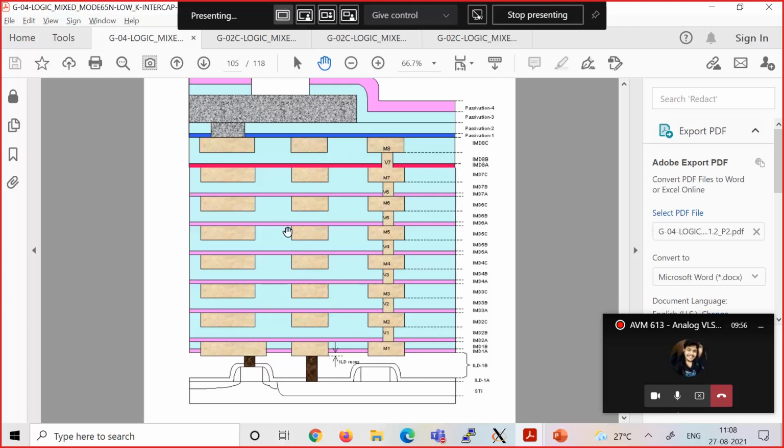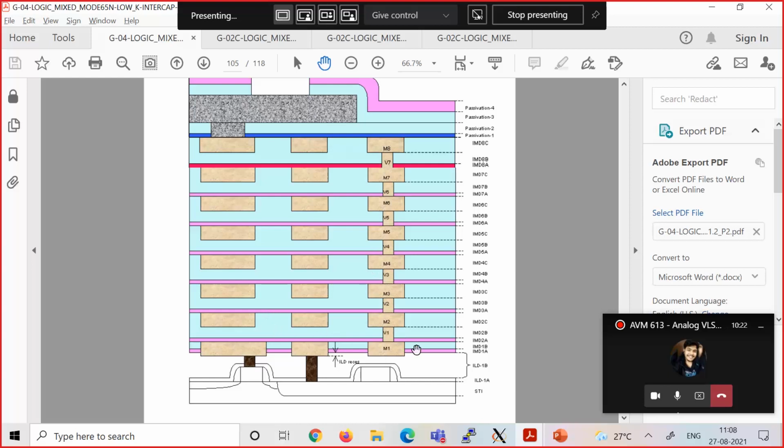Only where you draw the metal layers will you have the metal, otherwise you'll have these lightly colored dielectric materials. This is just a representative figure. If there is no metal routing, you'll only have dielectric. But if there is metal routing, in the place of the dielectric you'll have the metal. So this is how your stack up looks.